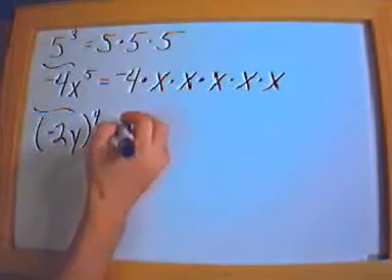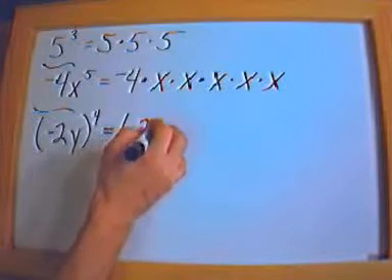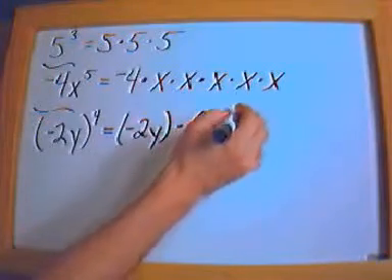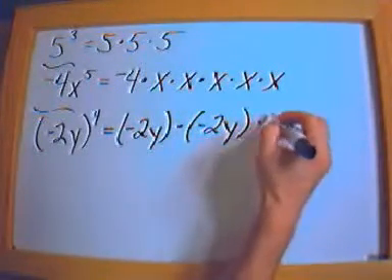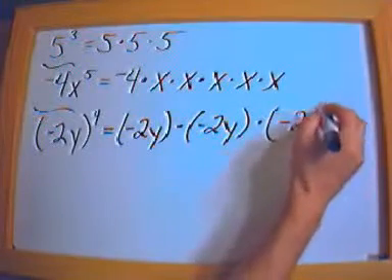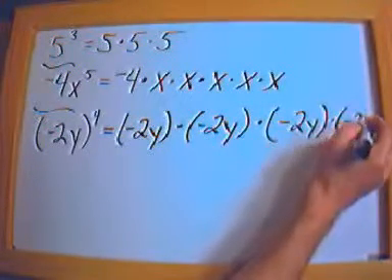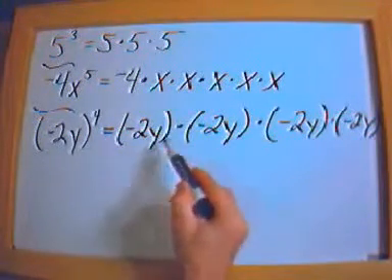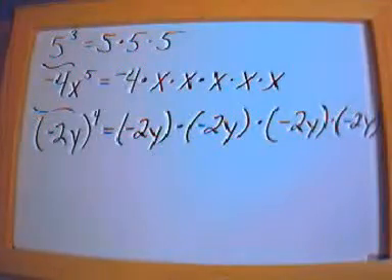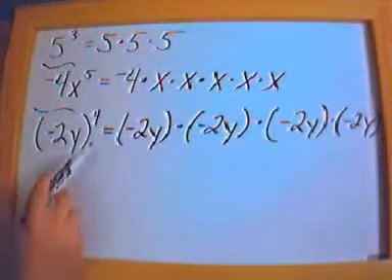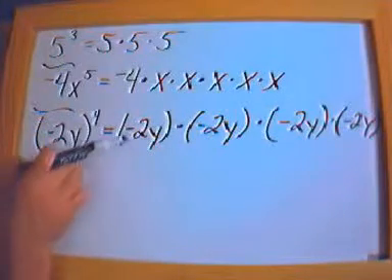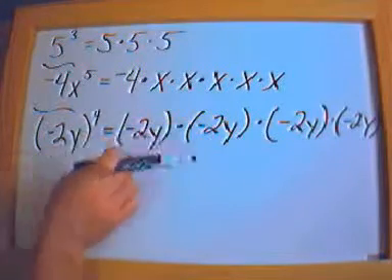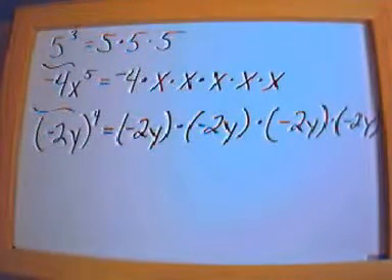So we'd have negative 2y times negative 2y times negative 2y times negative 2y. We're taking negative 2y and multiplying it 4 times. When you do this multiplication out, you'll get the answer. But basically we're taking whatever's in the parentheses and applying the exponent, multiplying it by itself 4 times, because we've got the whole thing written outside of the exponent there.